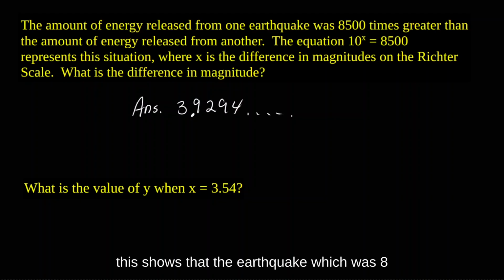This shows that for the earthquake which released 8,500 times greater energy than another one, the difference in magnitude will be 3.9294. So what's the value if the difference was 3.54? We'll do the same thing again.